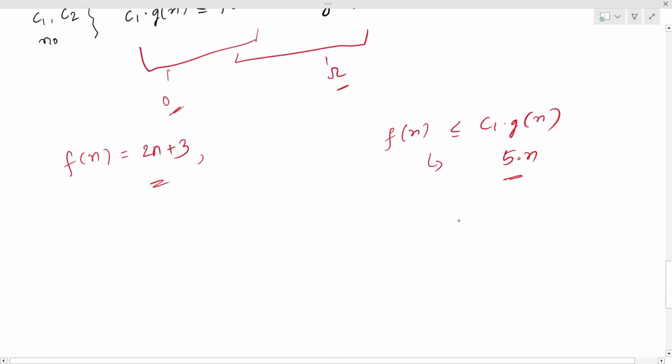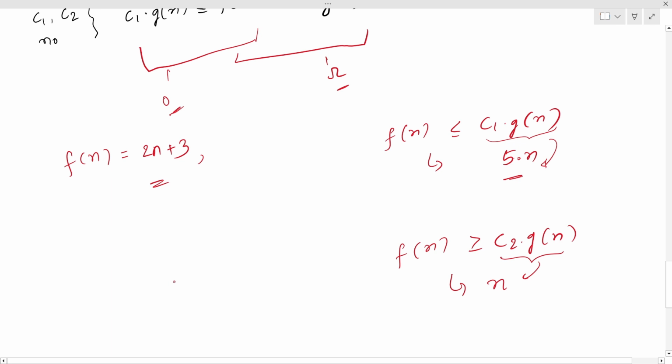So similarly for f of n greater than or equal to c2 into g of n, we'll write it as n, right? So for this part it is n, and for this part it is 5n.